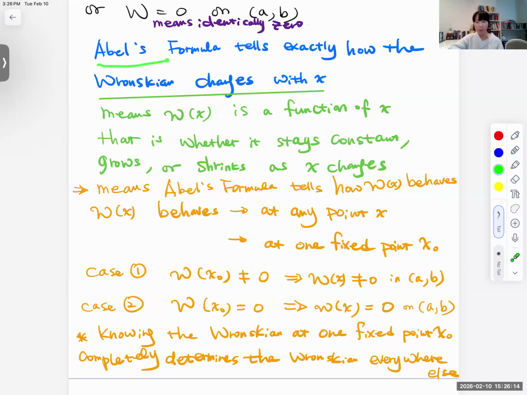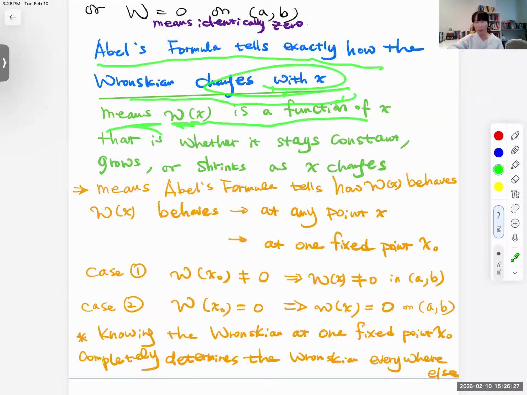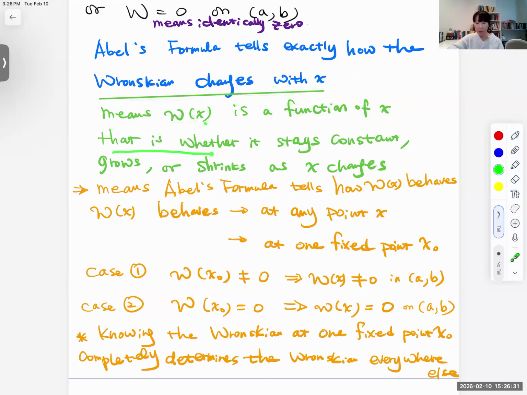So Abel's formula tells exactly how the Wronskian changes with x. What does this mean, change with x? It means the Wronskian is a function of x because we input the x there, right? That is whether it stays constant, grows or shrinks as x changes.